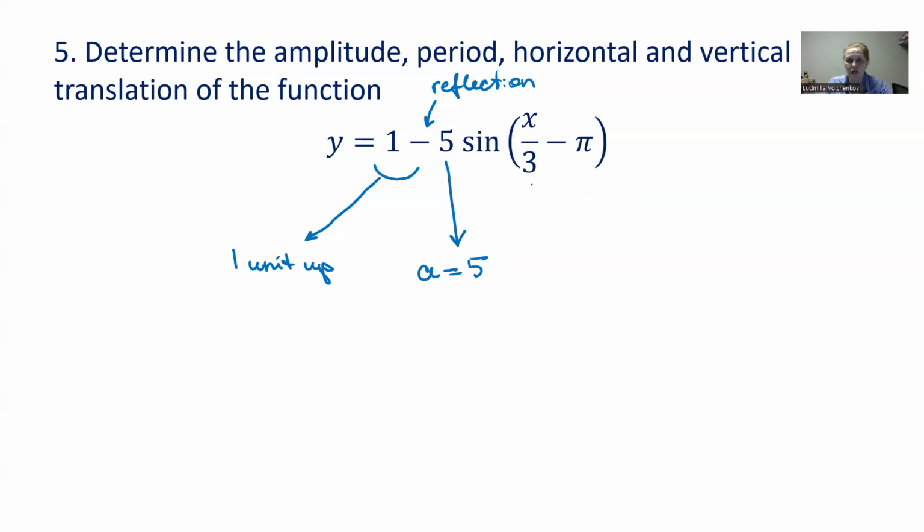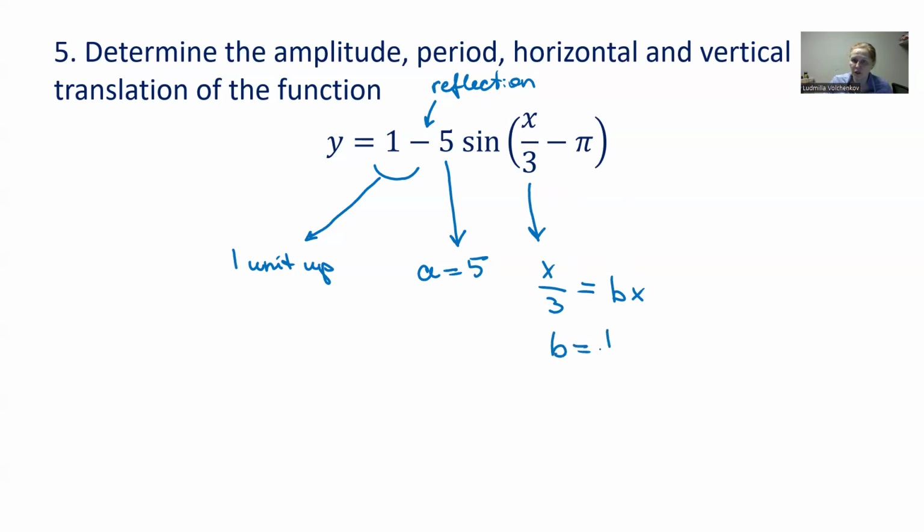Then, the argument of sine, x over 3 minus pi. x over 3 is bx. So coefficient b is responsible for the change of period.